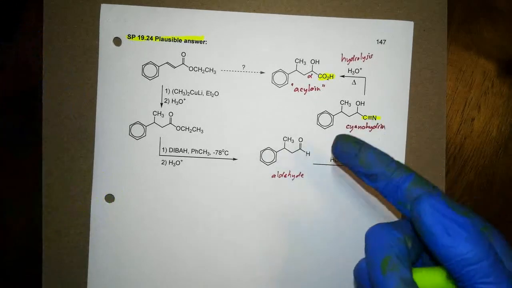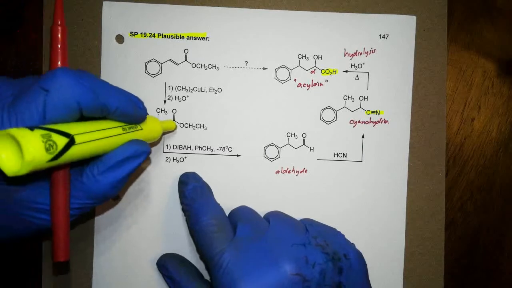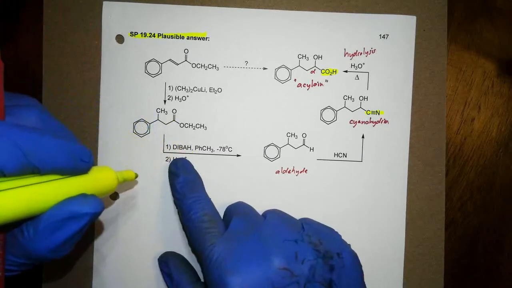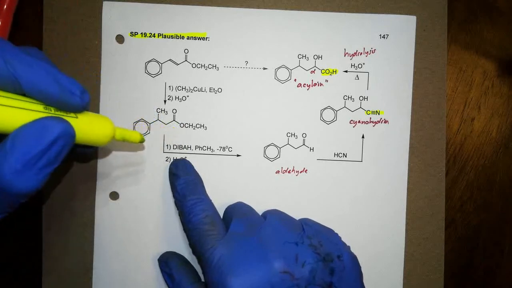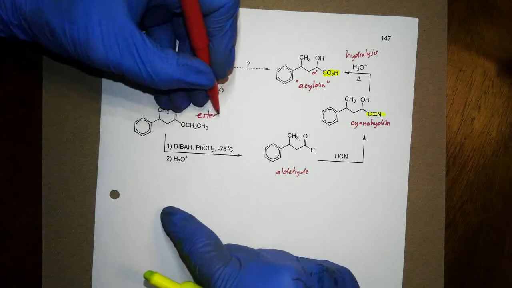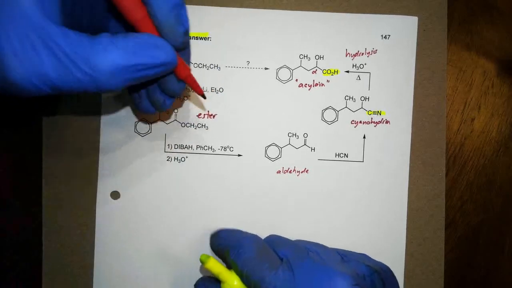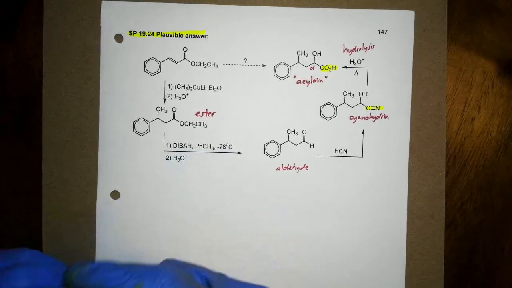We say, well, how do I get to an aldehyde? Well, we have to do a DIBAL reduction of an ester. So this particular ester comes about as a result of the previous reaction, let's put a note on here, this is an ester. You can reduce esters to aldehydes using DIBAL, diisobutyl aluminum hydride, toluene, at a very low temperature.